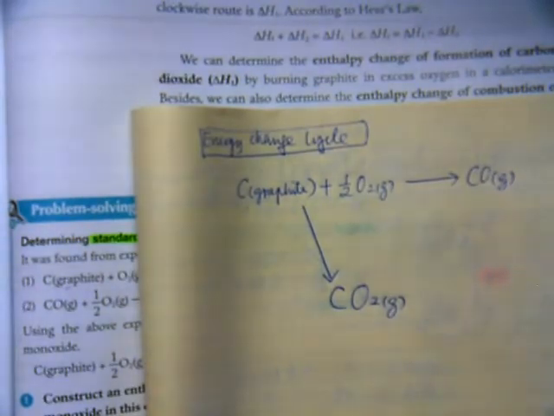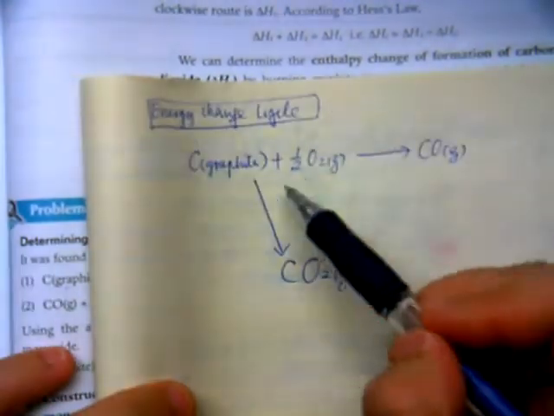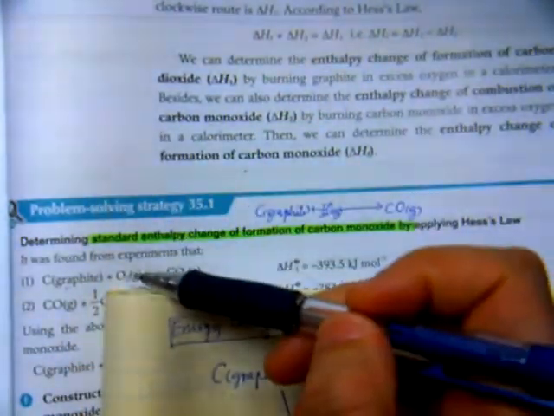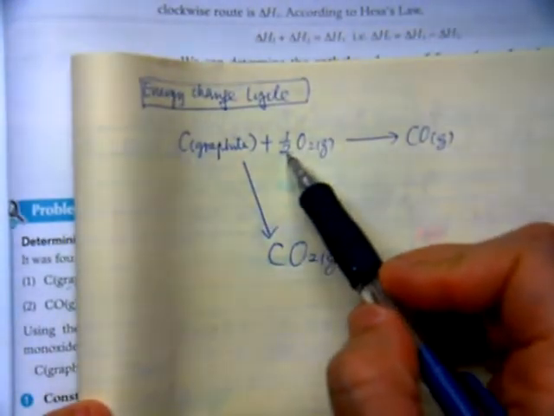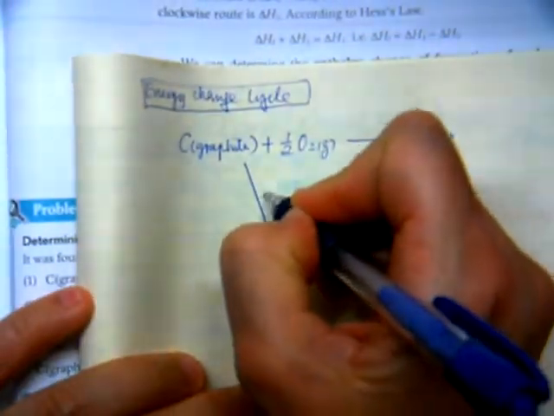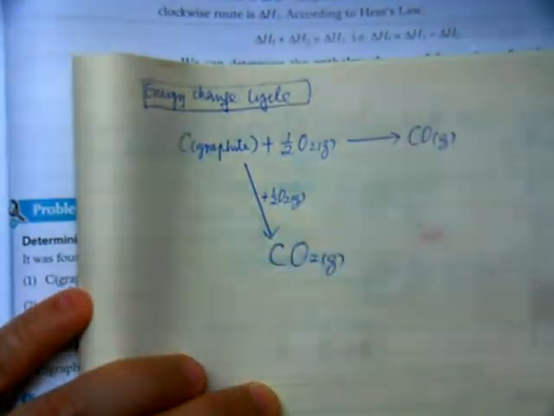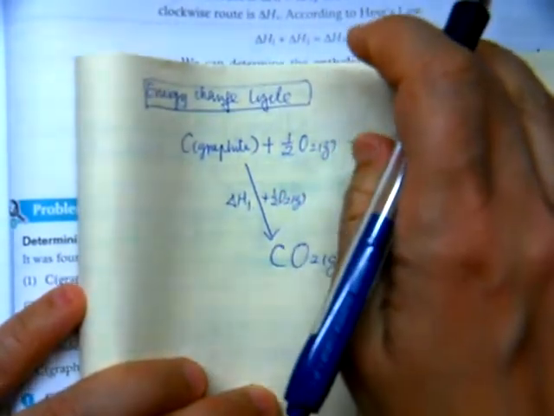However, you need to balance the equation. In this reaction, we need 1 O2. However, in this reaction, we have only half O2. So you need to add half more. Do you understand? Label it as delta H1.